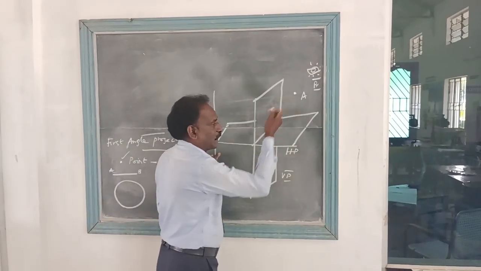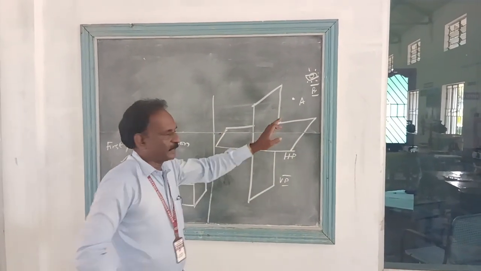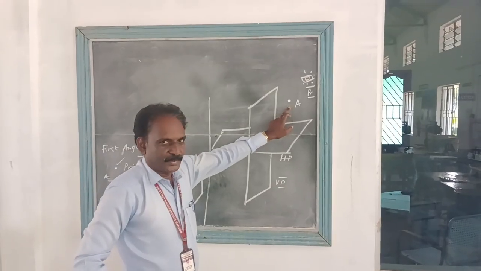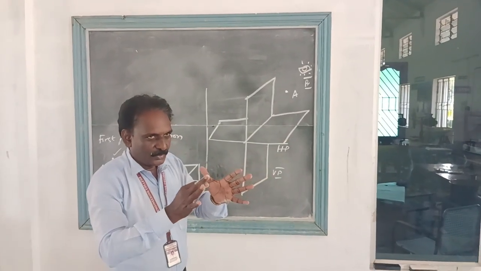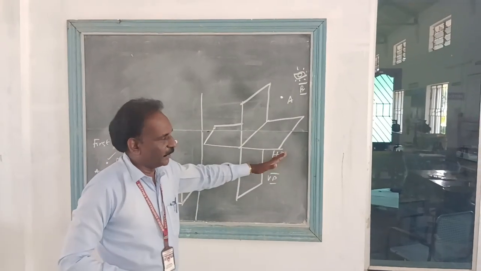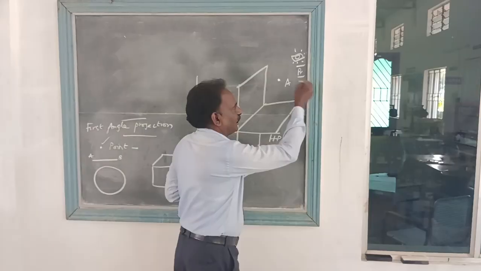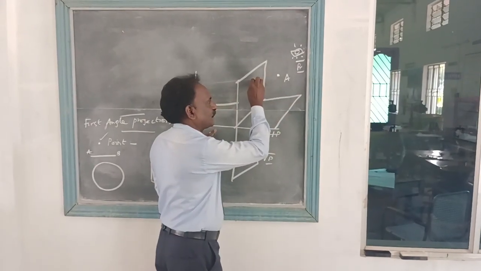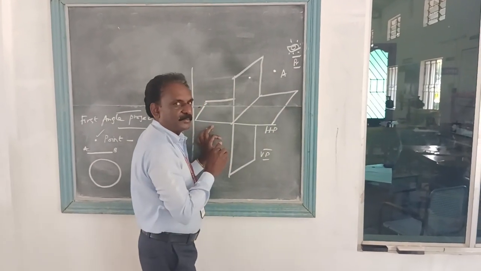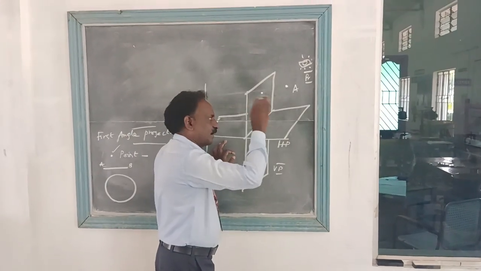So now we can place the point at any quadrant. First case, we are placing the point in the first quadrant. You have to think about the relative position of the point with reference to HP and VP. It means if you are seeing from the front, the front view will fall on the VP. Now this plane is acting as the screen.